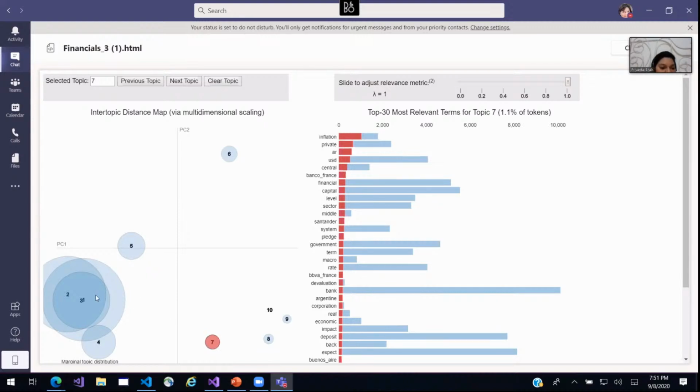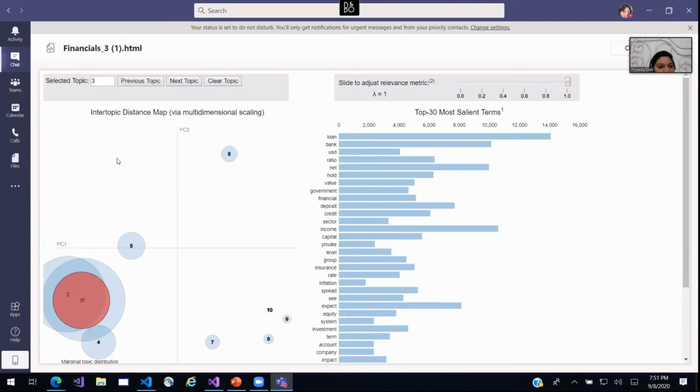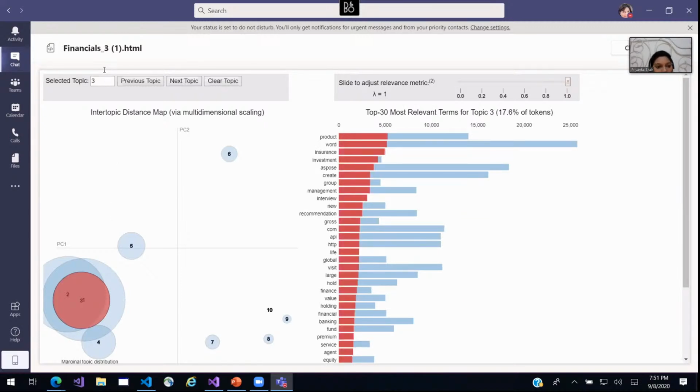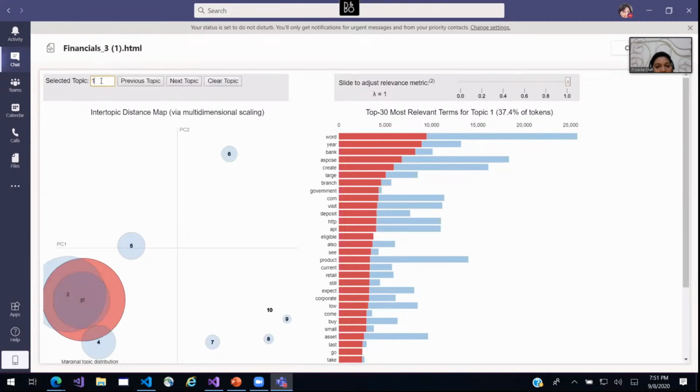Okay, so let us look at topic 1. Topic 1 is mostly talking of branch, government. Aspose is the software which we use to create PDFs out of Word documents, so it is using that word.